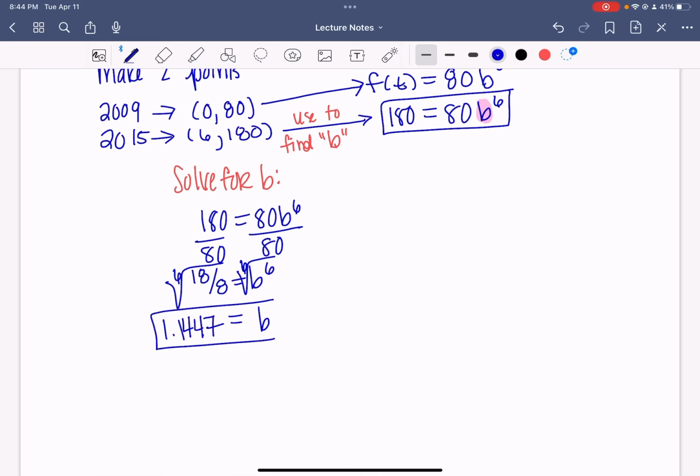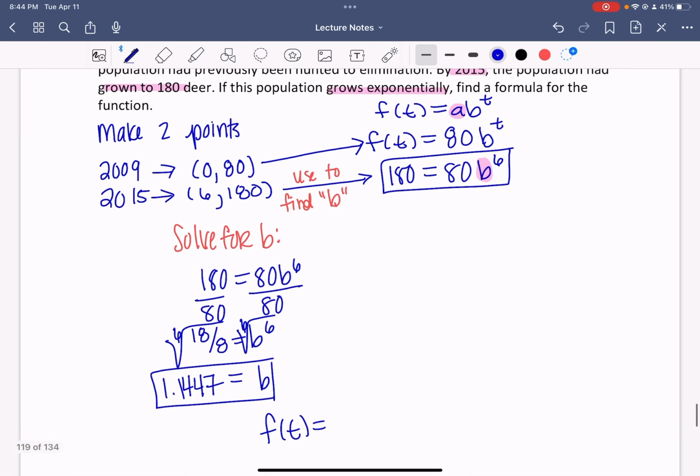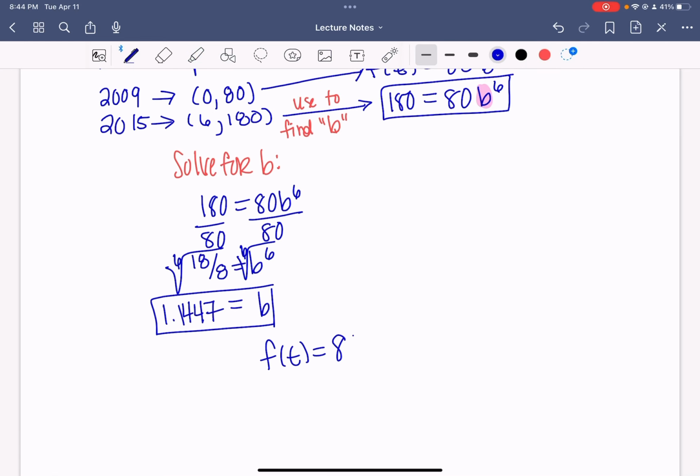And I would just use my on-screen calculator to do that 6th root. So my final answer, because it said to find a formula for the function, that's our goal. So we started with 80. We figured out that B value to be 1.1447 raised to the t power.